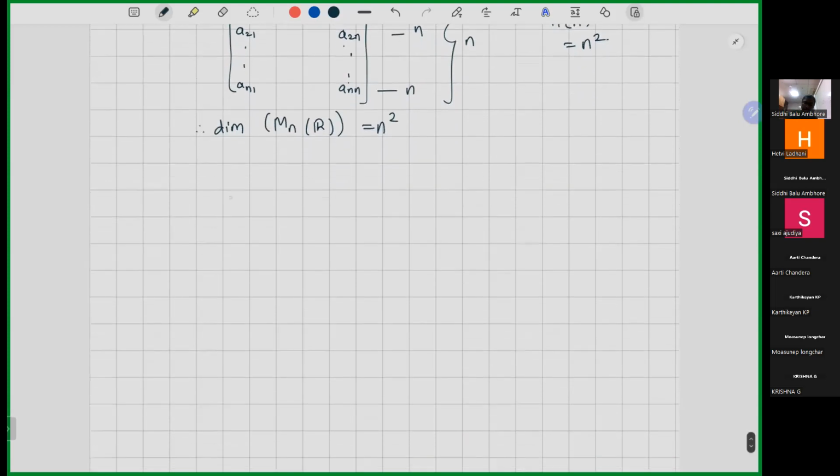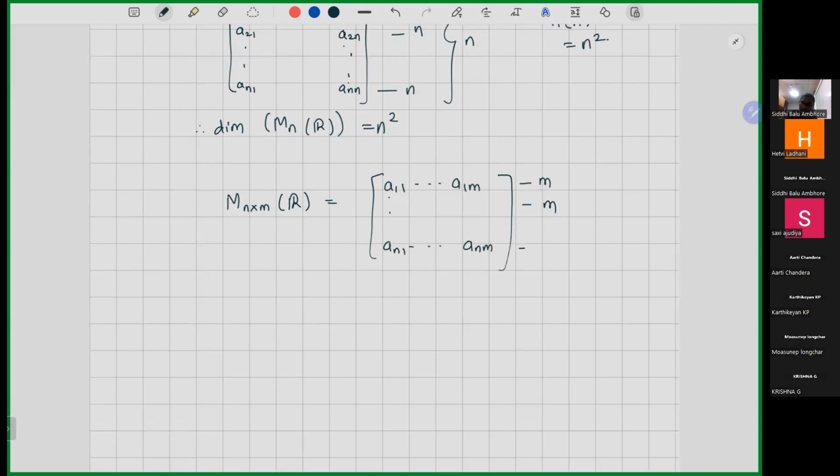If I take n cross m matrices, then it has n rows and here I have m columns, so A1m up to ANM.